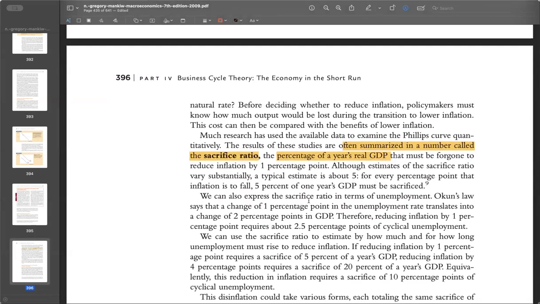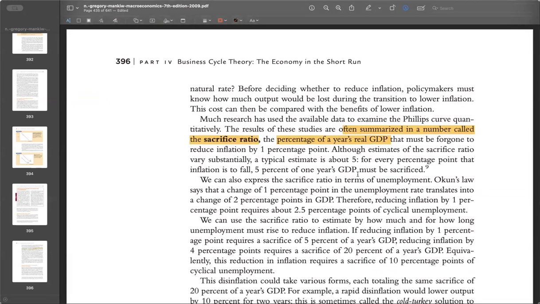We can also express the sacrifice ratio in terms of unemployment, because Okun's law, which relates unemployment to output, says that in terms of sacrificing, say, a year's worth of real GDP, this represents a given amount of unemployment for the year because of the relationship between unemployment and output.